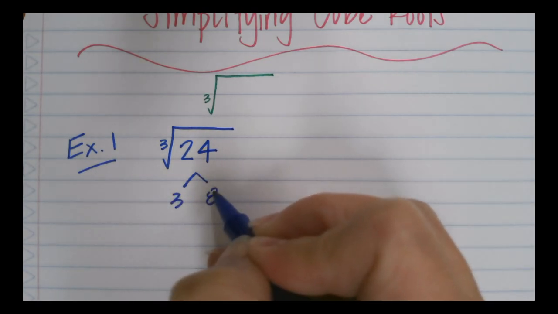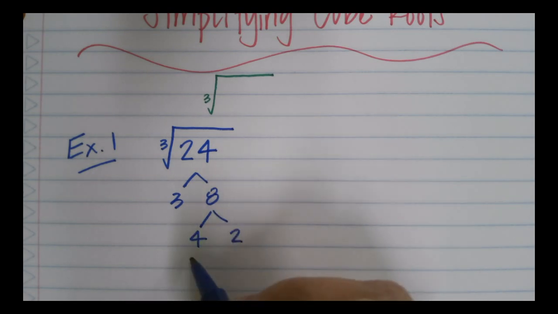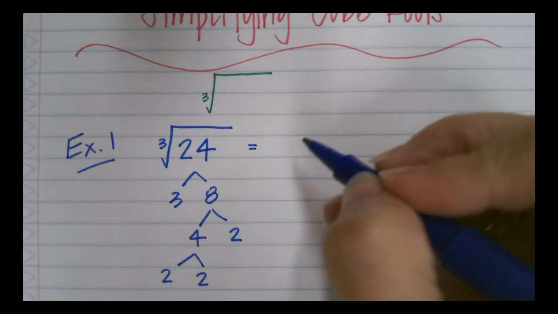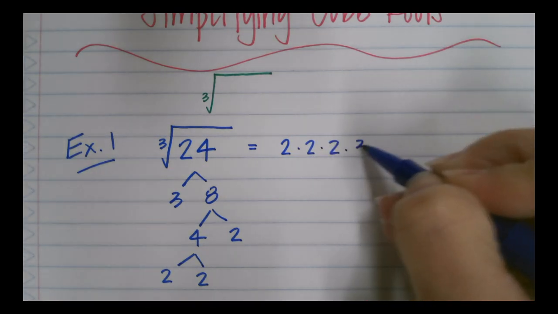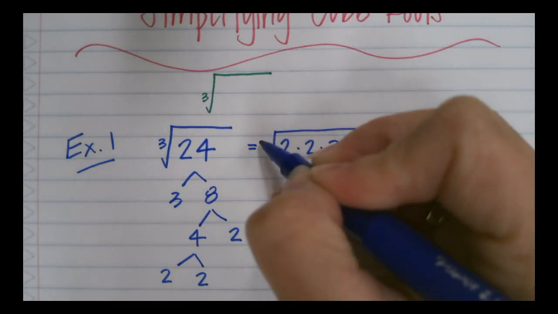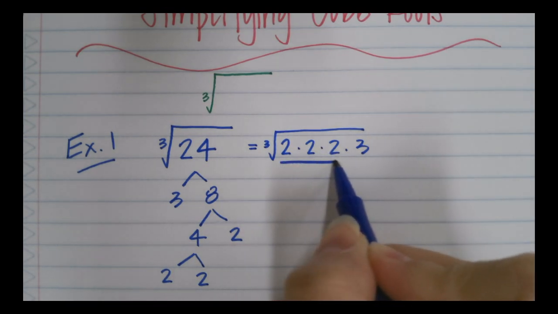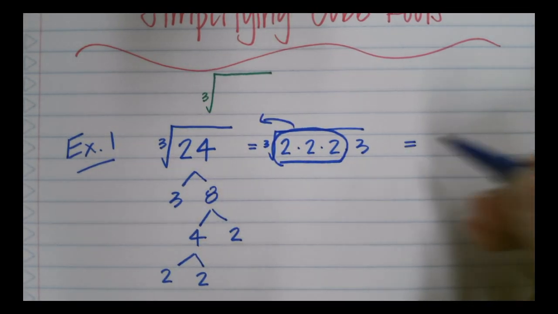So 3 times 8, and then 8 would be 4 times 2, and then 4 would be 2 times 2. So I know that this is 2 times 2 times 2 times 3. Since I want the cube root, I need to have 3 of a kind in order to come out in front.